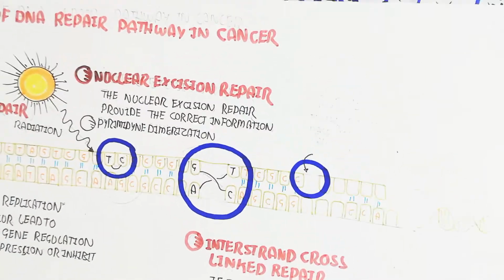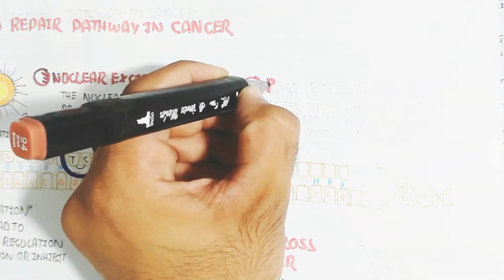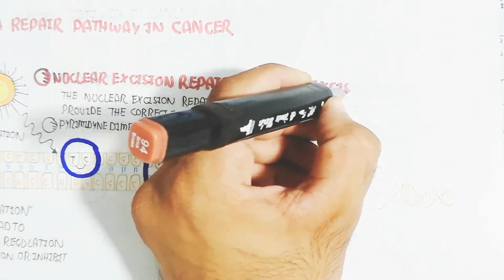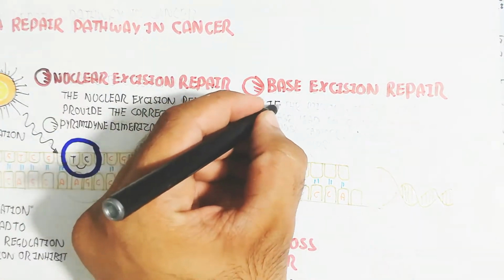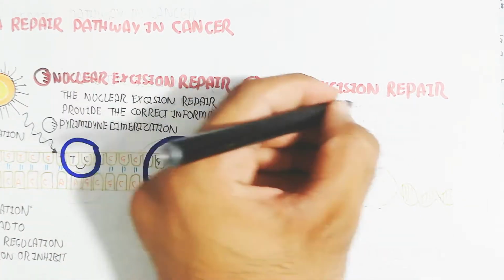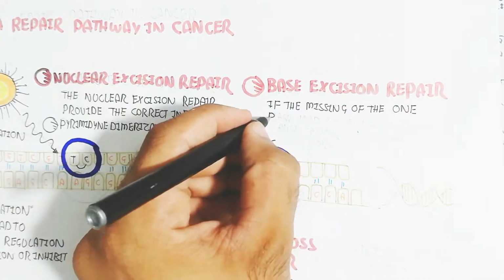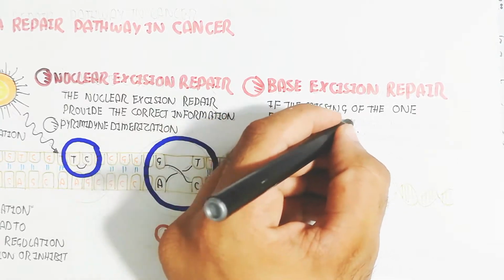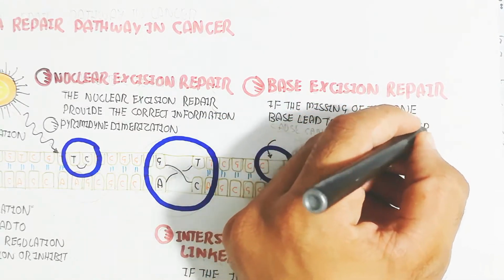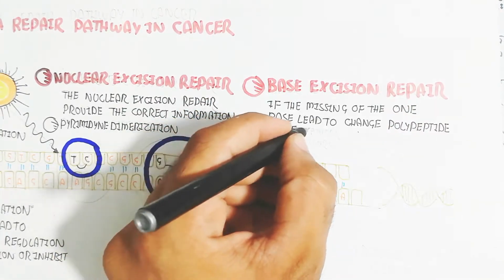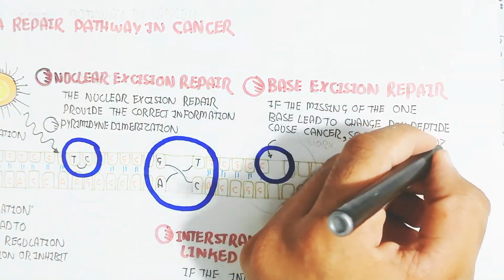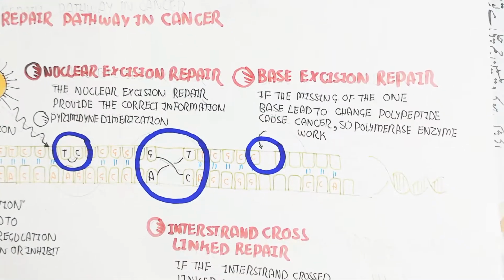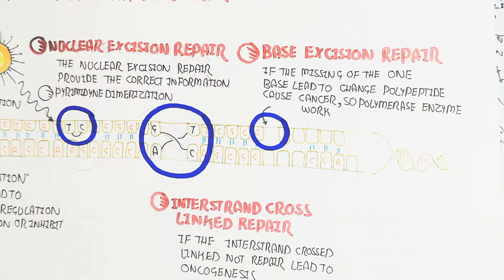Then the base excision repair: if one base is missing, it leads to a changed polypeptide and causes cancer. The polymerase enzyme works to correct it, but during the cancer stage it will not correct, because rapid proliferation and cell division do not leave time for correction and base excision repair.